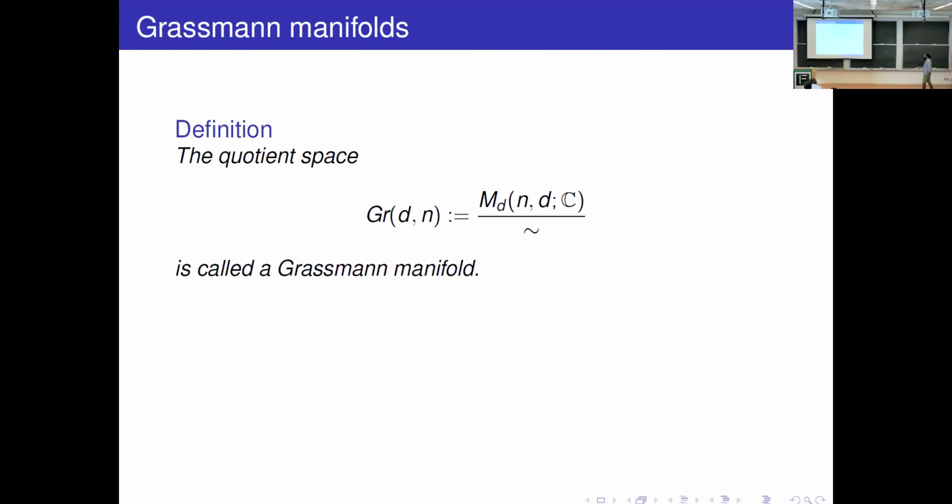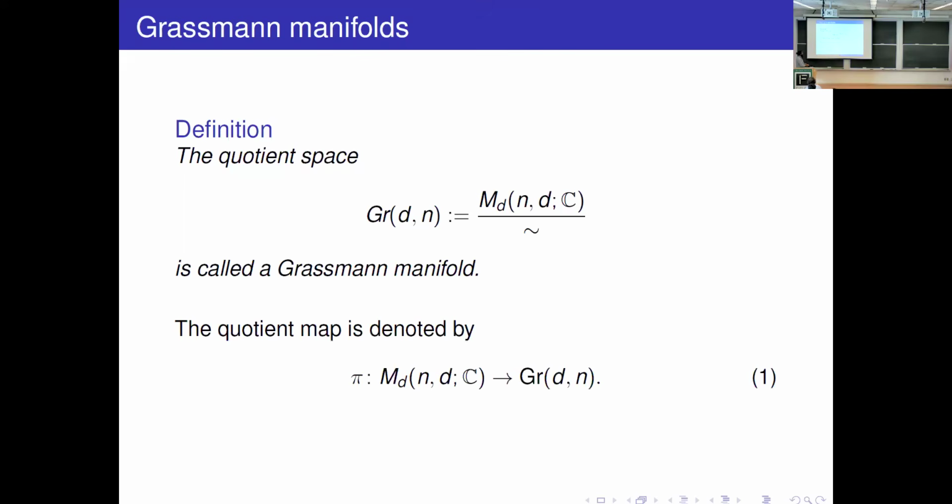The other way to think is that we take the n-dimensional complex space and then take the collection of d-dimensional subspaces. That is the same as this set.